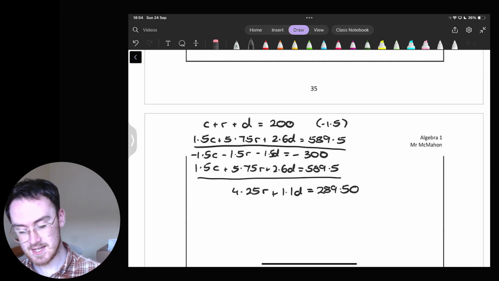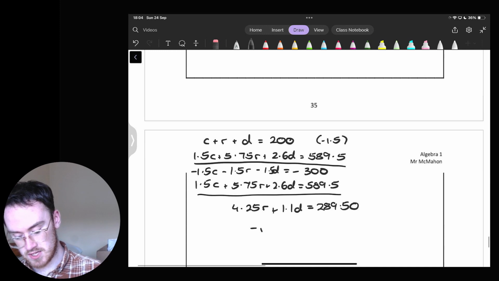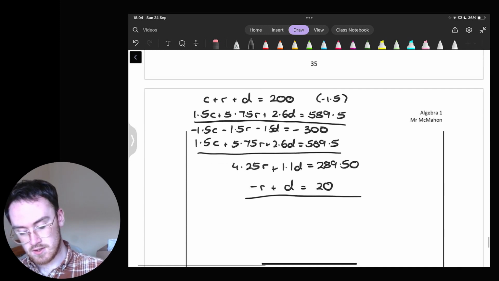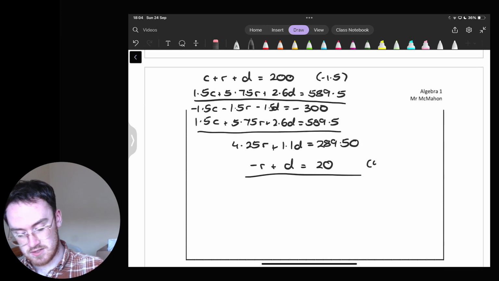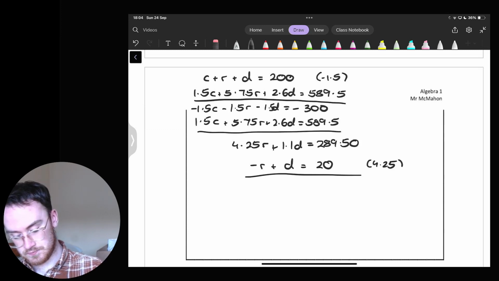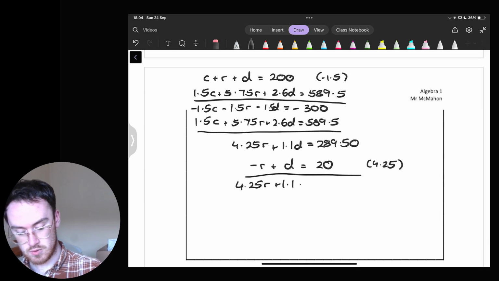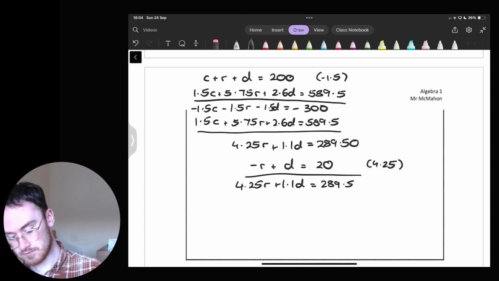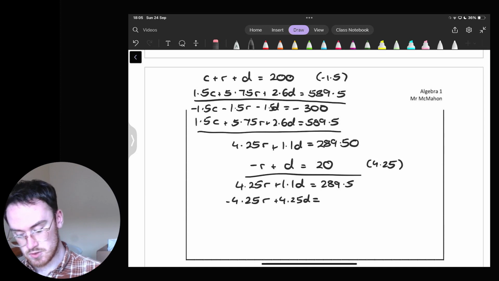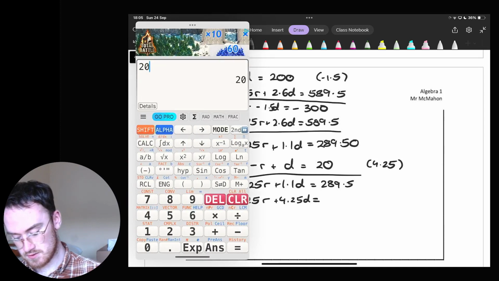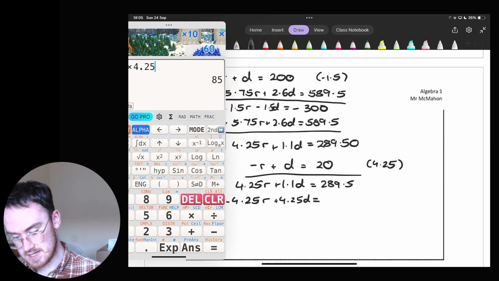289.50. I can take my other equation here then, minus r plus d equals 20. Okay, and I'm going to multiply by 4.25 here on the bottom, just to eliminate r. 1.1d, 289.50, minus 4.25r plus 4.25d, 20 by 4.25 is 85.